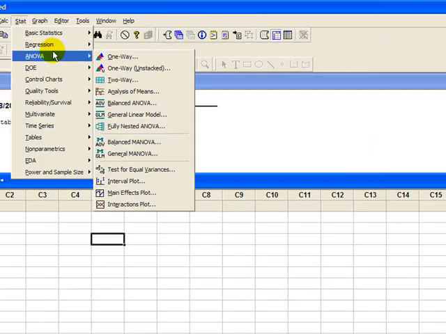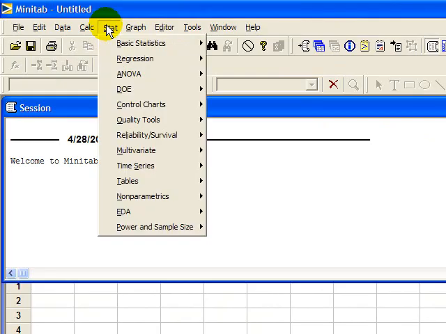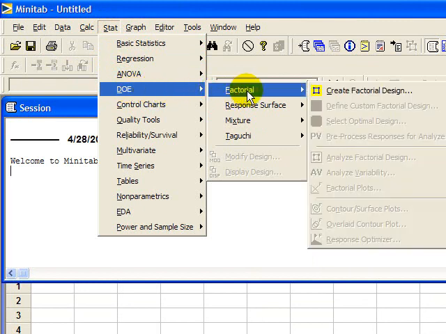But now for chapter 6, for the 2 raised to k design, it's a little different. I will click on Stat again, but rather than choosing the ANOVA option, I'm going to choose the DOE option this time, and then click on Factorial, and next Create Factorial Design.